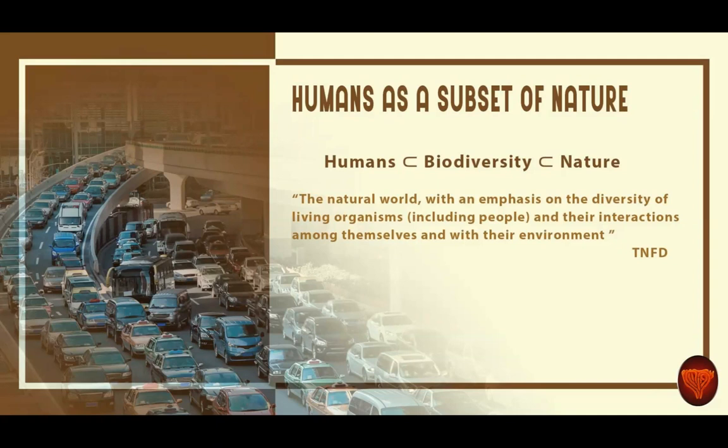According to the Smithsonian's Human Origins, humans, or Homo sapiens, are a species of primate. We can thereby infer that humans as a species are a subset of biodiversity. Now, effectively, if we look at nature, it includes biotic and abiotic organisms, and thus biodiversity is a subset of nature. And evidently, humans are a subset of biodiversity and thus a subset of nature.